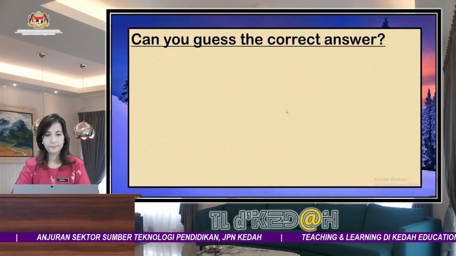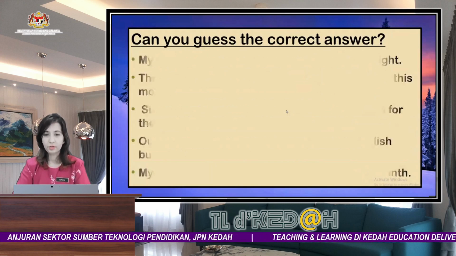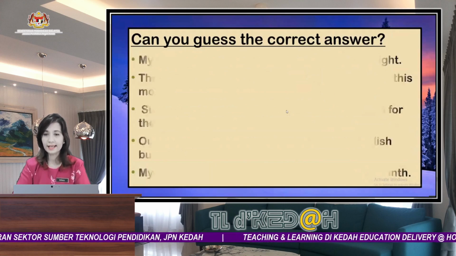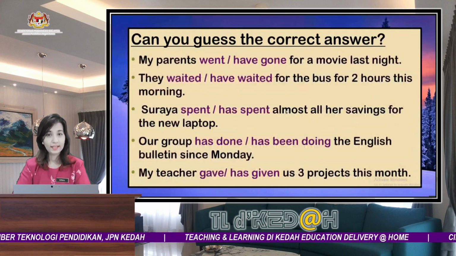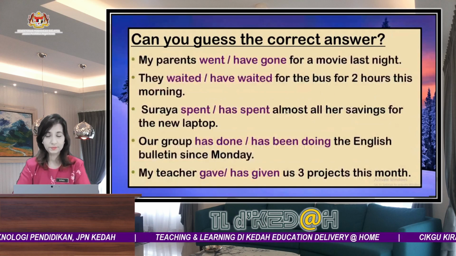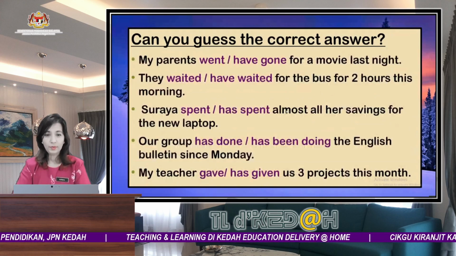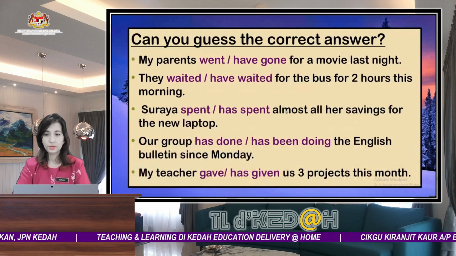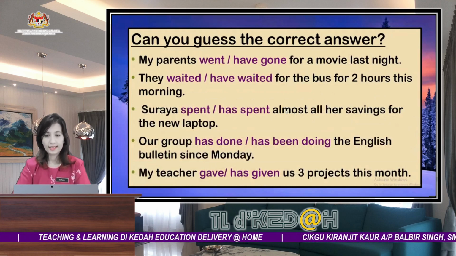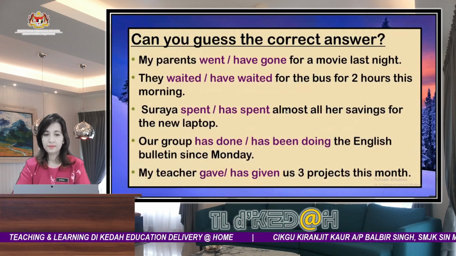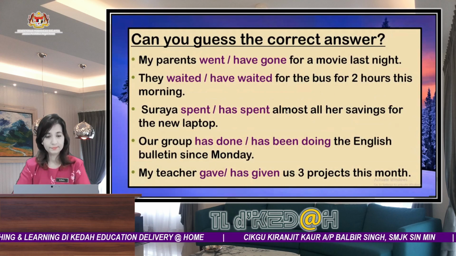Okay, let's try. My parents went or have gone for a movie last night. So can you guess the correct answer? Try. Look at the clues. Remember what I've told you? They waited or have waited for the bus for 2 hours this morning. Suraya spent or has spent almost all her savings for the new laptop.